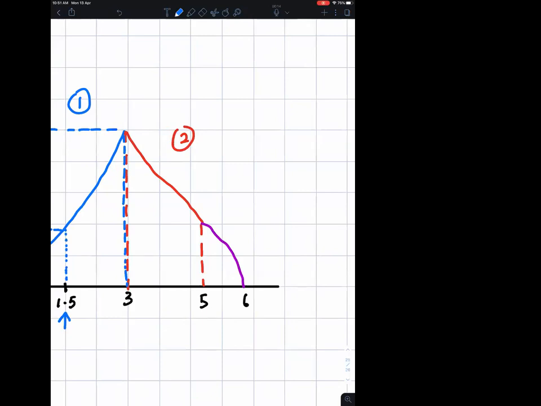So what is the mid value from 3 to 5? 5 minus 3 is how much? 2, right? 2 divided by 2 is 1, right? So 3 plus 1 is 4. Therefore, that's the exact midpoint, 4.